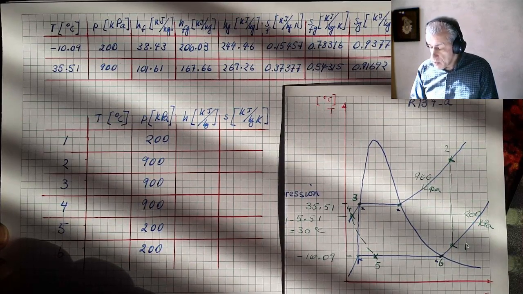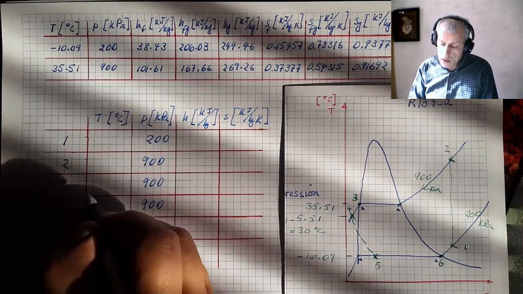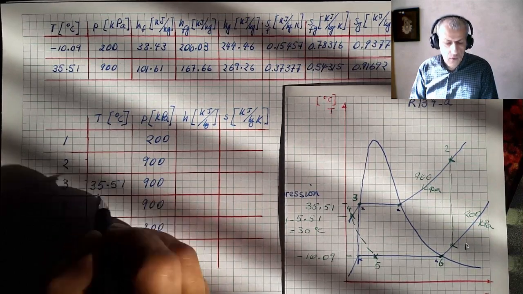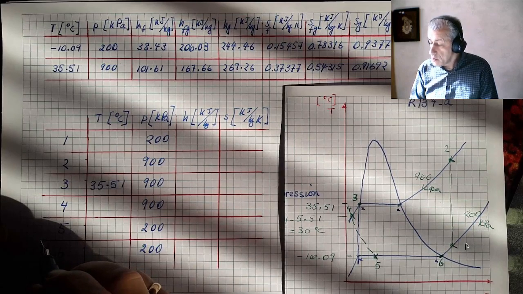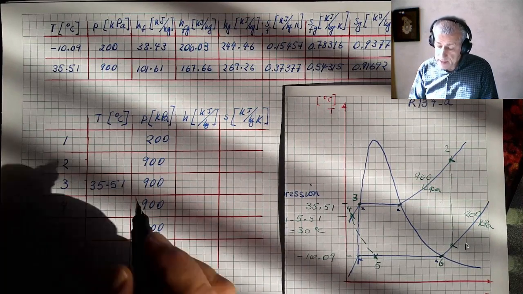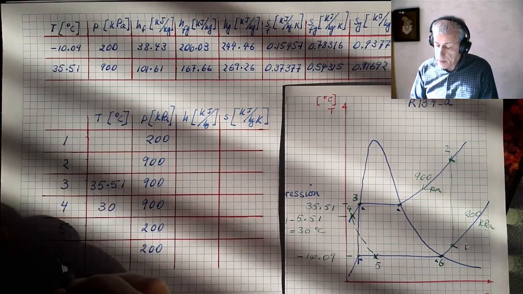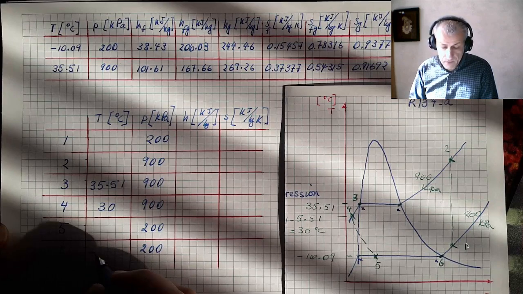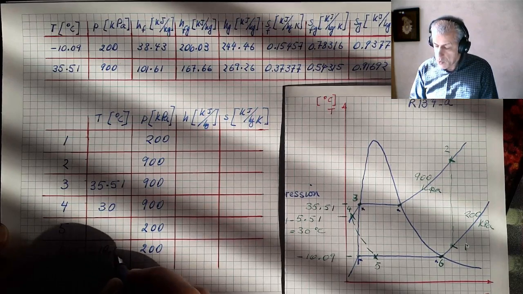For point 3, we know that it's saturated liquid, so its temperature would be 35.51. Point 4, we just calculated it. It's 30 degrees C. The problem has told us what its temperature is. And for point 6, it is minus 10.09.